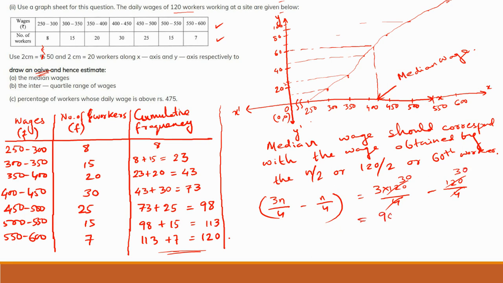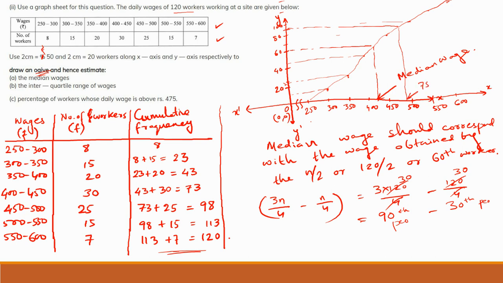So the 90th worker, which is the 75th percentile, is getting this wage.